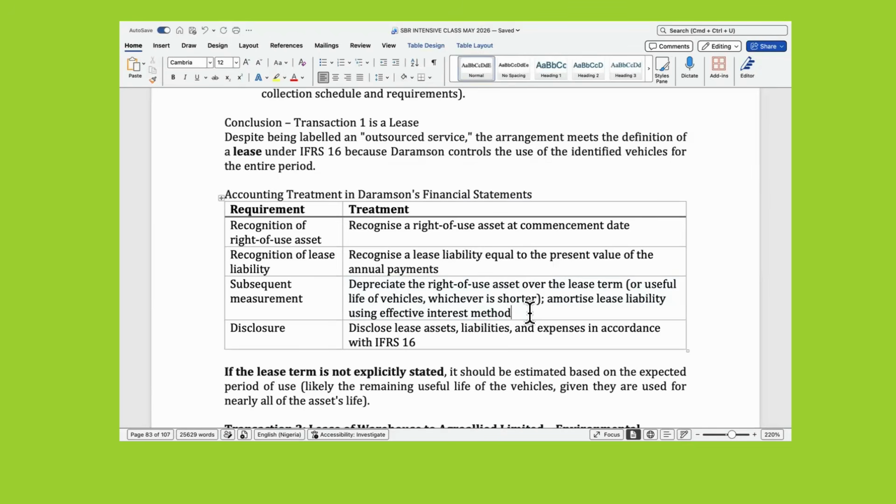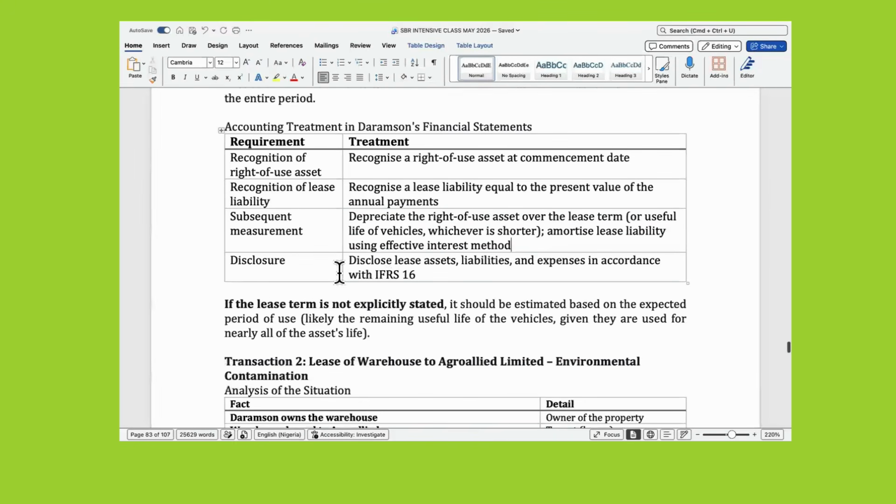That is, you are going to be adding interest to it and deducting lease rentals. And if the lease term is not explicitly stated, it should be estimated based on the period of use or the useful life of the asset.